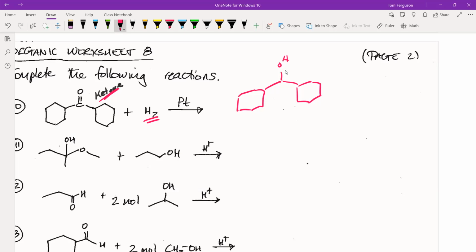So here we have a hemi... an acetal, because you've got OCO. That's a yes.